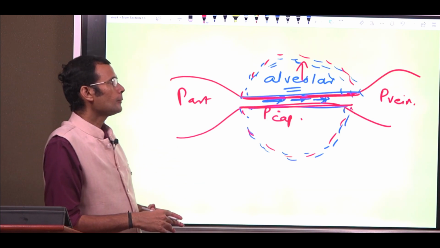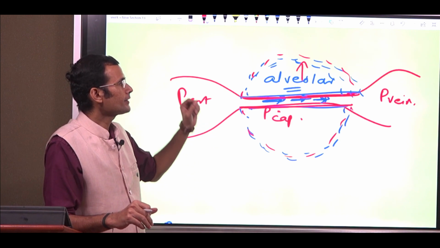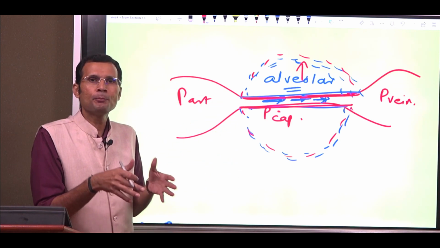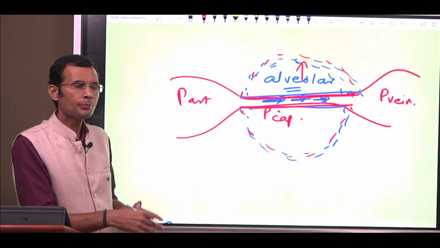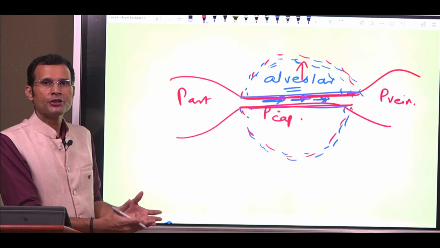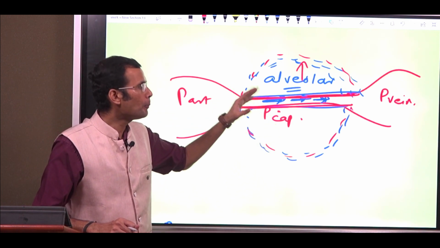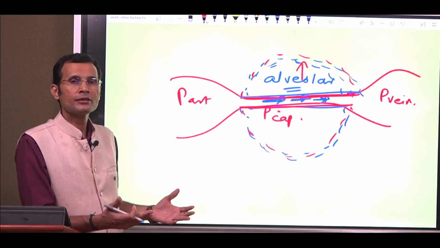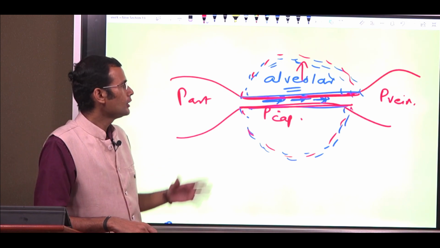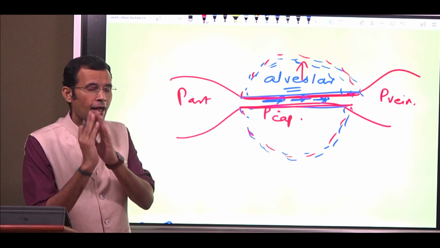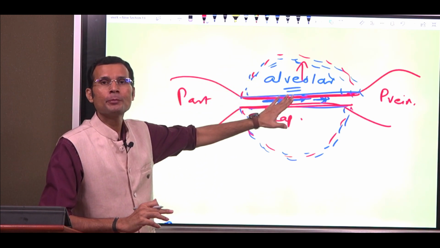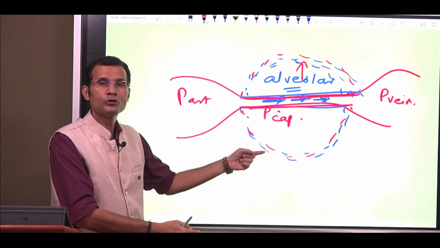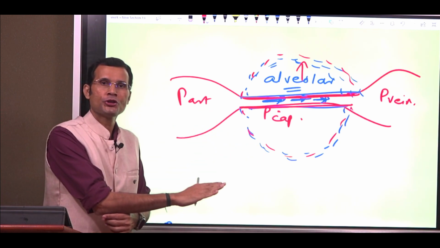This is the only drawback of IPPV or any positive pressure ventilation being given to a patient: it tends to compress the vessels and it tends to redistribute the blood flow. In some areas, therefore, there will be less blood flow, but that happened because of the alveolar pressure. So, I told you one factor related to the hydrostatic factor which can influence the zones of blood flow, the posture.